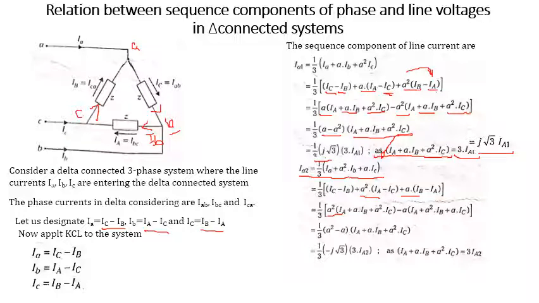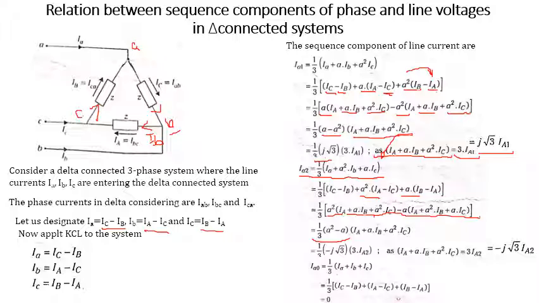So this is done, A into A square into IA. Similarly multiplied by A into IB plus A square and IC, and doing the simplification, the final we will get 1 by 3 times of A square minus A multiplied by IA plus A into IB plus A square into IC.